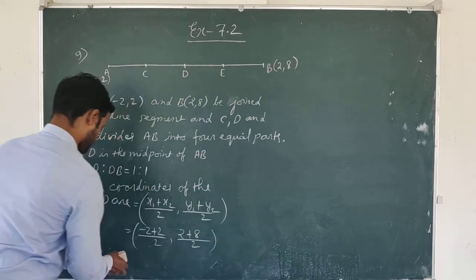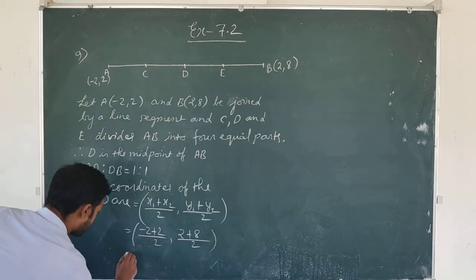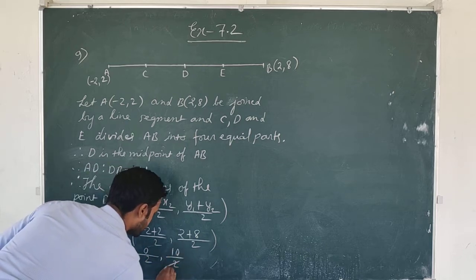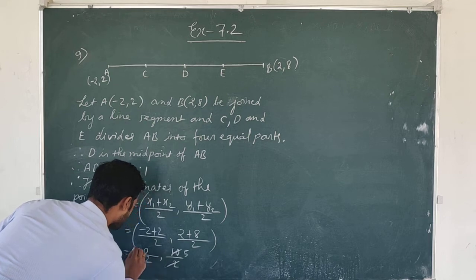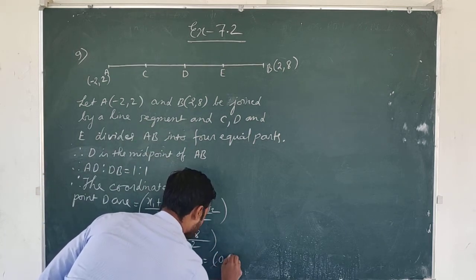So that will be equal to, students, 0 by 2 and 10 by 2. That is equal to (0, 5).